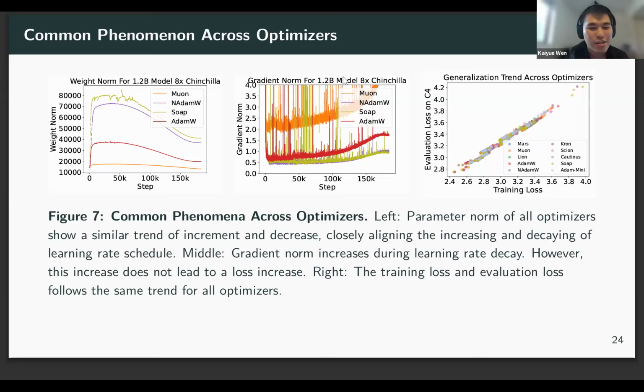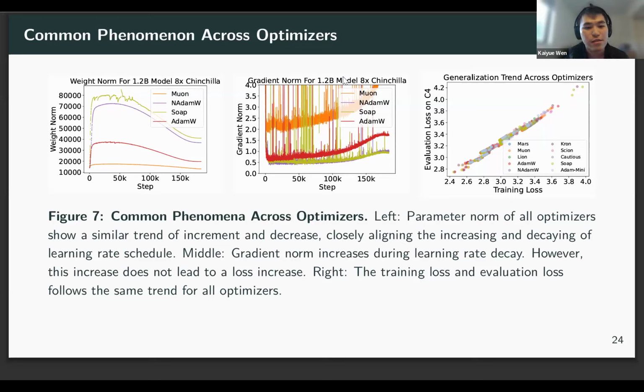If one is familiar with the convex optimization literature, one would expect the gradient norm to decrease once the model is trained for longer, but empirically almost all the optimizers see the gradient norm increasing. Actually, this is studied in a very great concurrent work by Aaron called Why Gradient Norm Increased towards the end of the run.